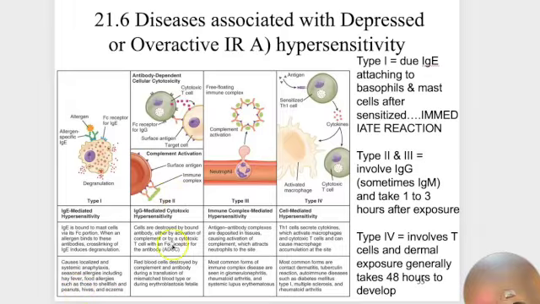IgG is involved during transfusion of mismatched blood. Type 1 is due to IgE attacking of the basophils and mast cells after sensitization. Type 2 and 3 involve IgG, sometimes IgM. Type 4, the last one here, involves the T cells, and with dermal exposure it generally takes up to 48 hours to develop.